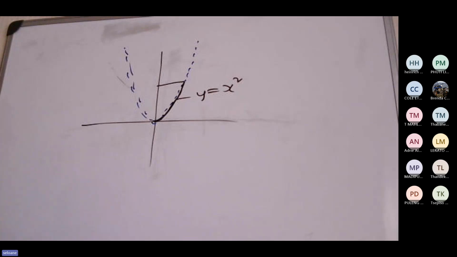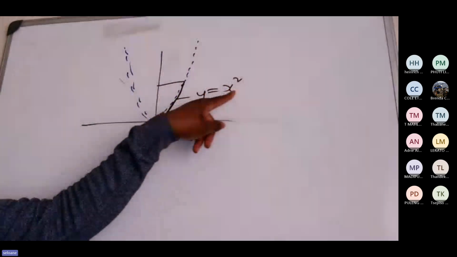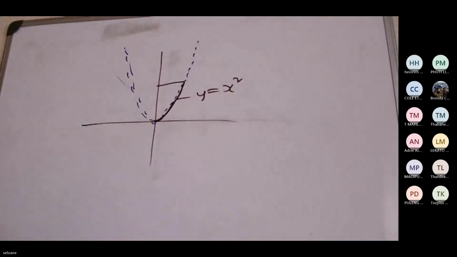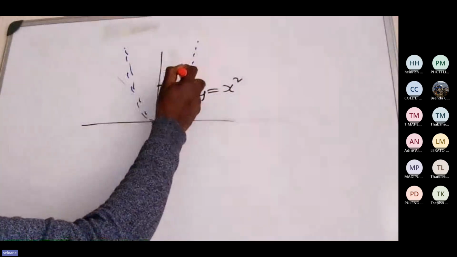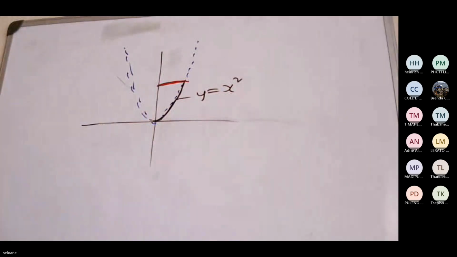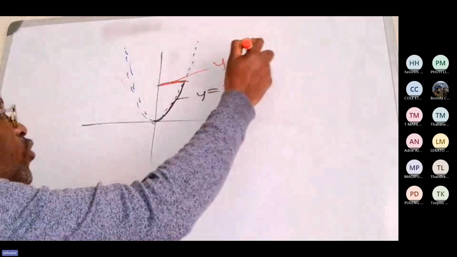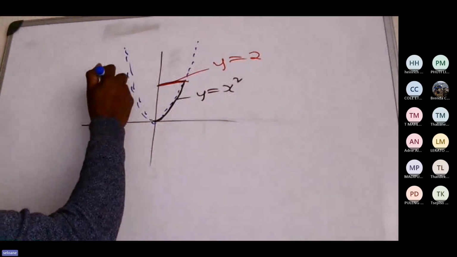But here, we are not going to use the full graph of y equals x squared. Don't forget, before we go far. Now from there, let's take this line, which is part of y is equal to 2, meaning the full graph of y equals 2 will be this.